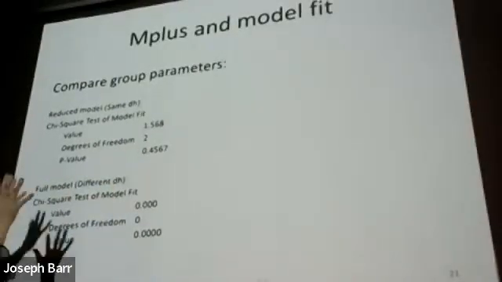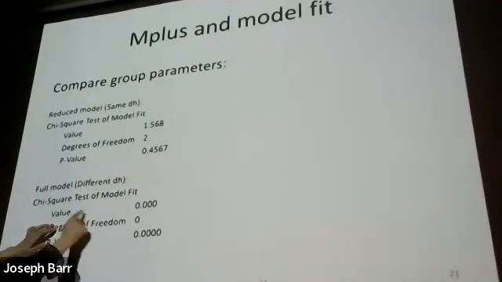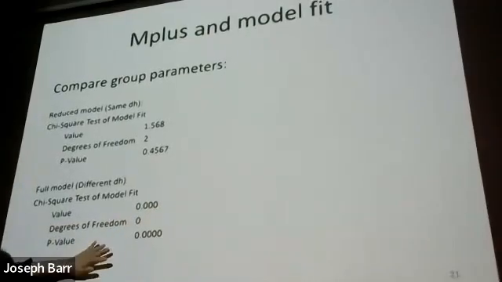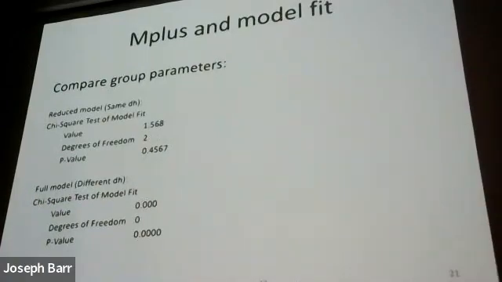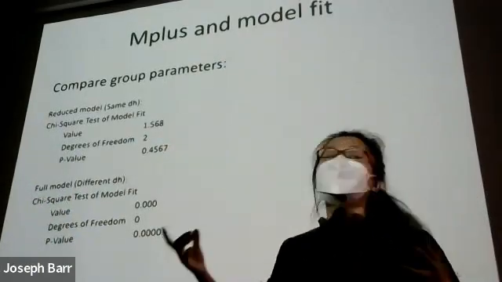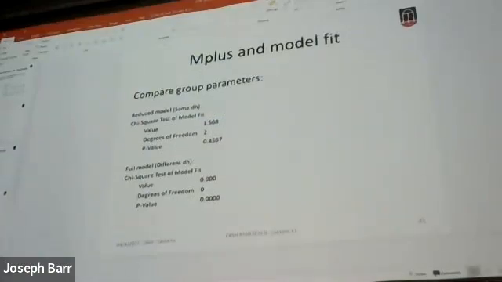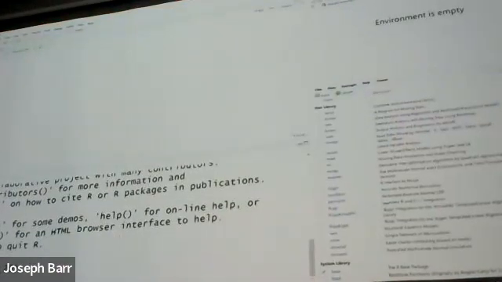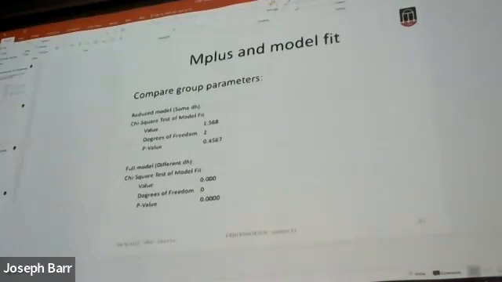For the full model, by allowing these D and H paths to be different for male and female, the chi-square value here gives degrees of freedom and p-value. So what's the difference between the chi-square values? Yes, this number. What is the degrees of freedom difference? 2. Well, let's check the critical value. For 2, almost 6. Okay, 5.99. 6 is the critical value.